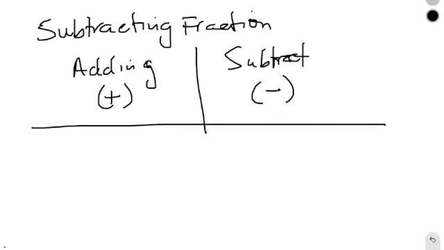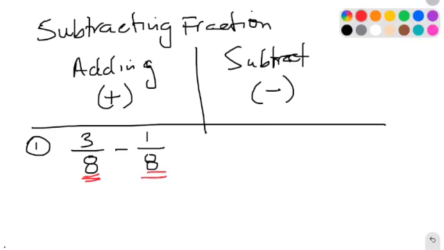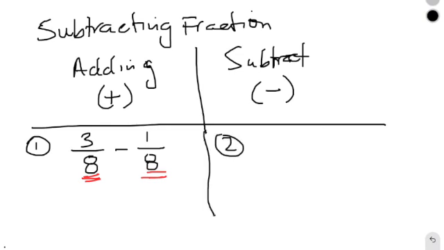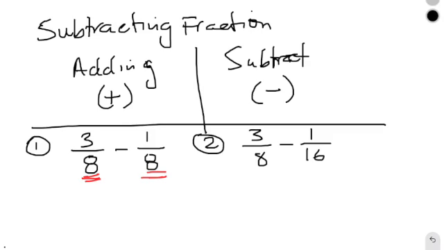And in the same way that I showed you for the addition of fractions, when subtracting fractions we have two scenarios. The first scenario is where we have the same denominators. In this instance, we have the same denominators of 8. In the second scenario, we would have different denominators.